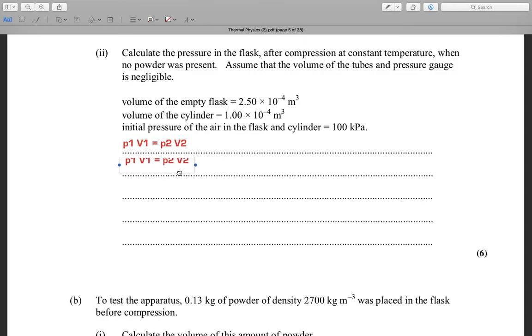P1 is 100 kilopascal, which is 10 power 5.